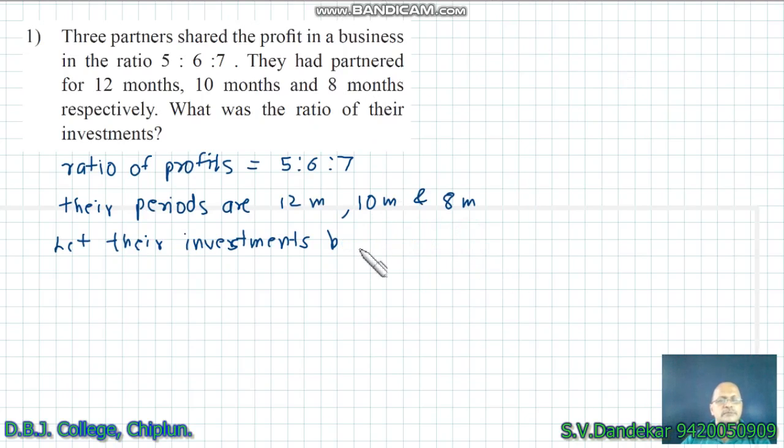Let their investments be rupees X, rupees Y and rupees Z.